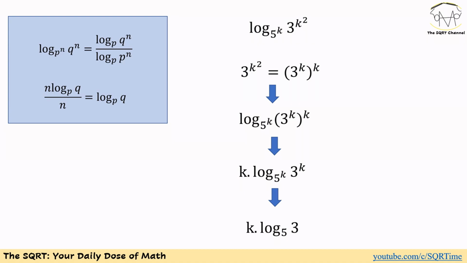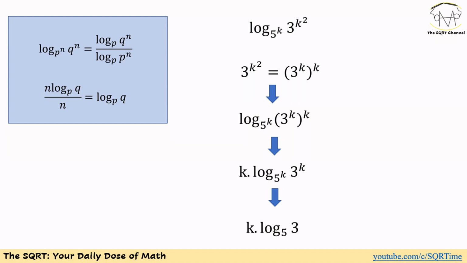You can verify that by using the normal operations that we have for powers. Here, when we have 3 to the power of k to the power of k, we can write it as 3 to the power of k times k, or k squared.